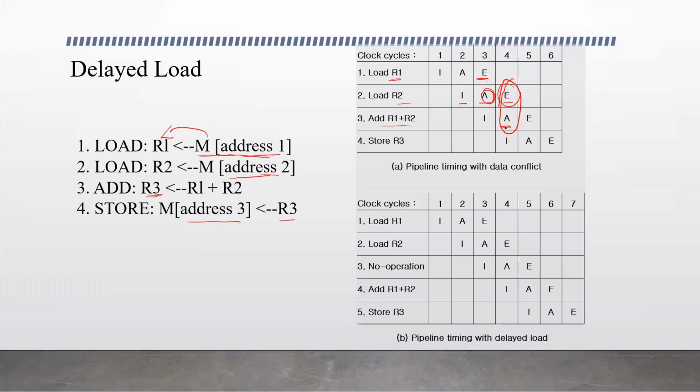Instruction 3 depends on the data given by instruction 2, which is still being processed, so the data is not available. This diagram shows the pipeline timing with data conflict.